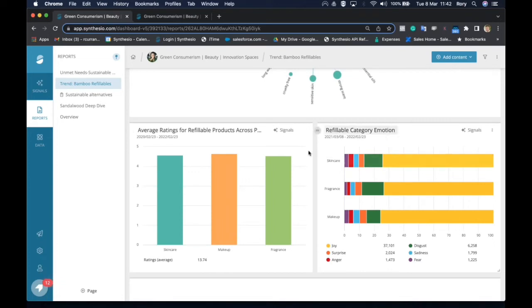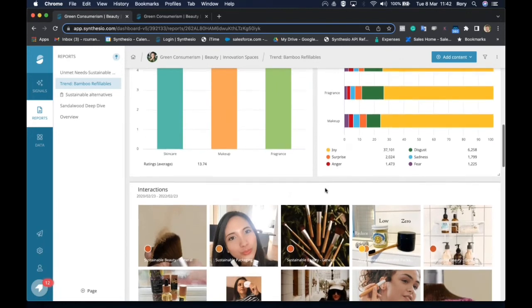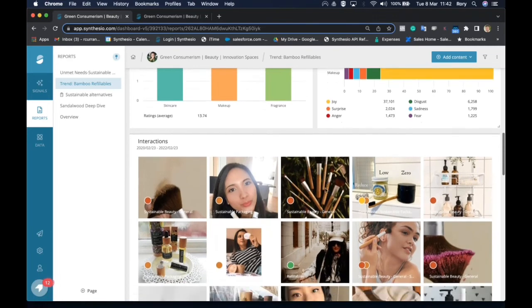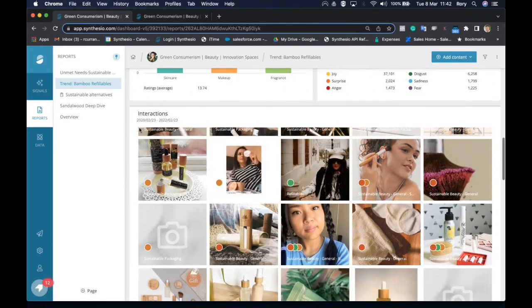You'll also see when we apply emotion to the category of refillables specific to bamboo, that it's heavily dominated by joy. So there's definitely an appetite for more sustainable solutions, as well as digging deeper into the user-generated content to see who's driving conversations in this particular category.